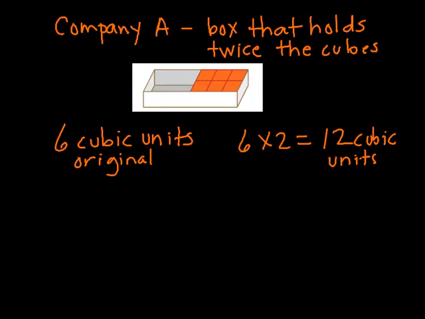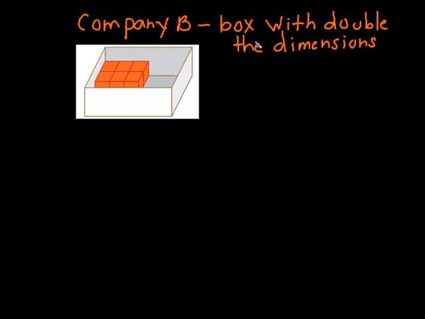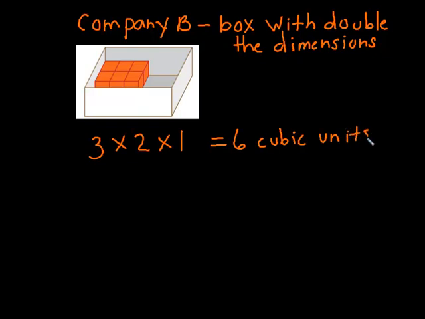Now Company B wants to do something different. They want to make a box with double the dimensions. So their original dimensions were 3 by 2 by 1, which was 6 cubic units. And because they want to double the dimensions, we have to double every single one of these dimensions. We have to double the length, double the width, and double the height.